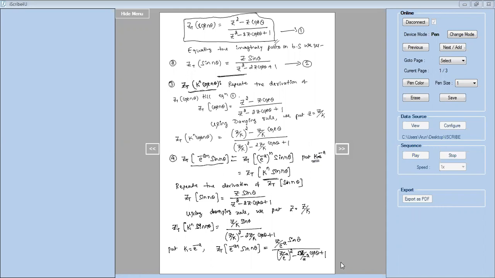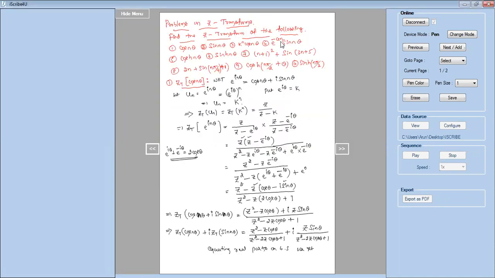So this is 2z by e power minus a. I am just putting e power minus a wherever k is there. If I put k is equal to e power minus a, we get the answer for question number 4. So this is the answer for the fourth one.